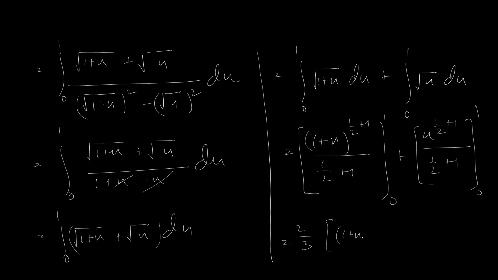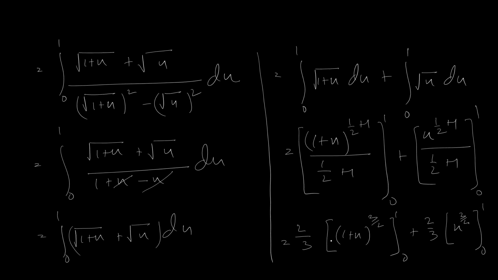So this is 1 plus x to the whole power 3 by 2 from 0 to 1, plus again 2 by 3 times x to the power 3 by 2 from 0 to 1.